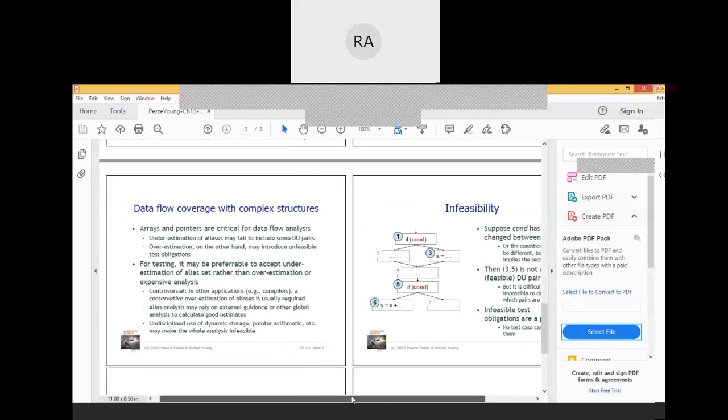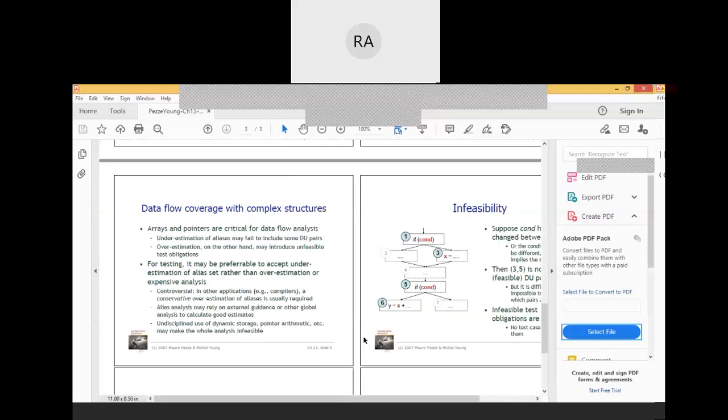Okay, after that we have something called data flow coverage with complex structures. Again, complex structures here refers to arrays and pointers. Whenever we come across arrays and pointers, testing by applying data flow analysis is very, very critical.